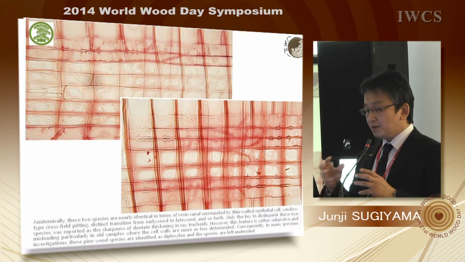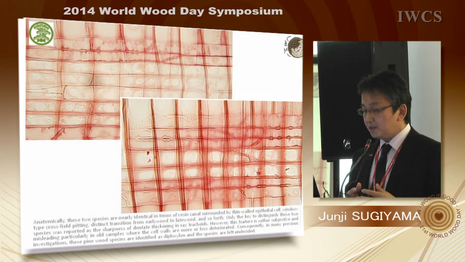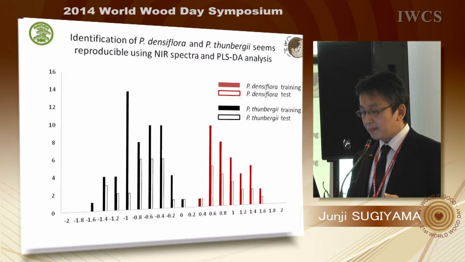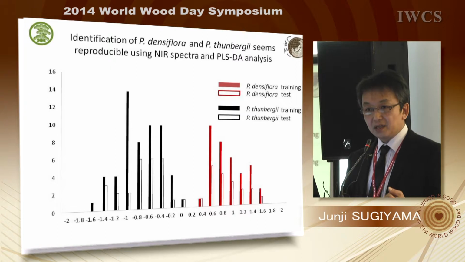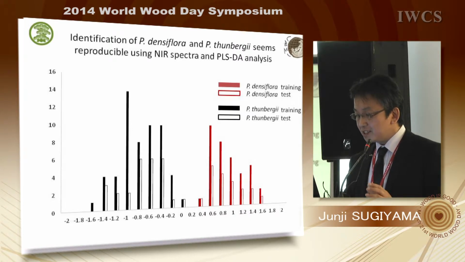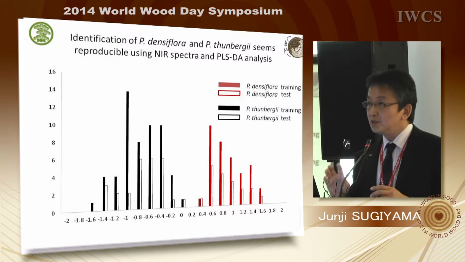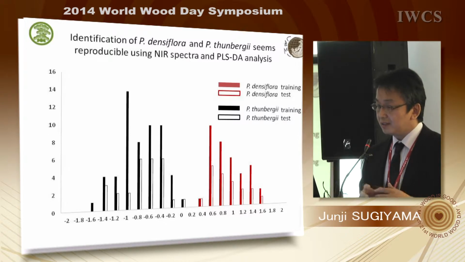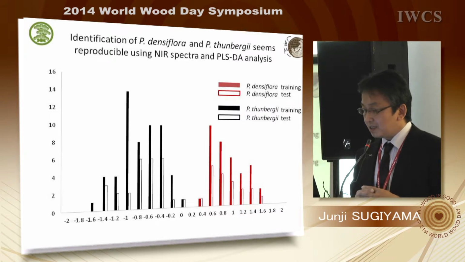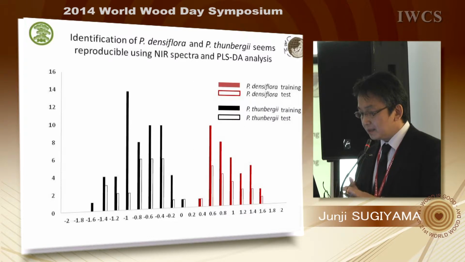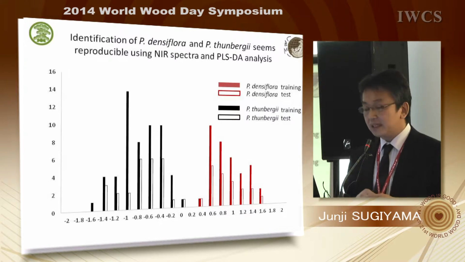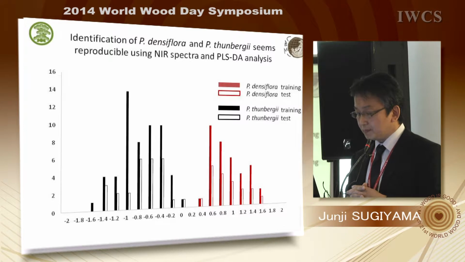Even for such optically, microscopically difficult species, using infrared spectroscopy together with statistical analysis, what we call partial least squares discriminant analysis, which is one of the multivariate spectral analyses, we are able to separate thunbergii and densiflora quite easily and reproducibly.